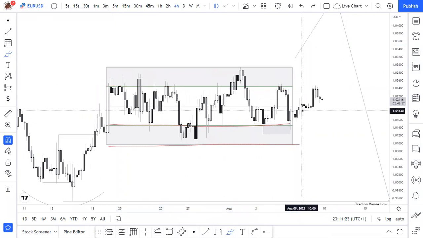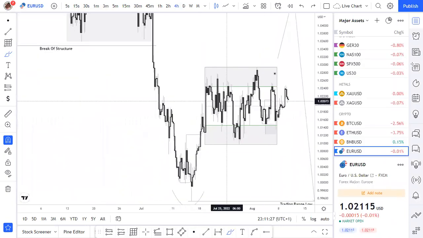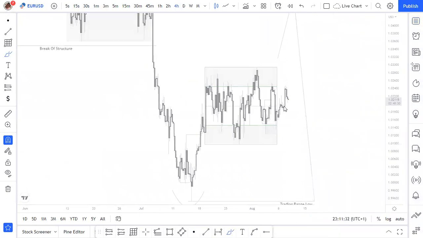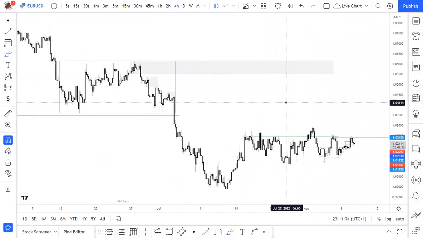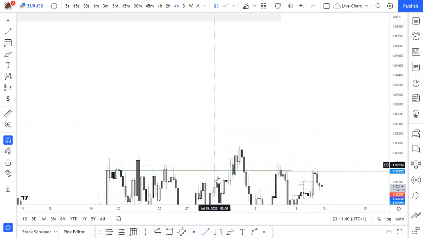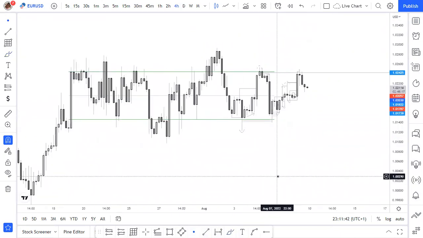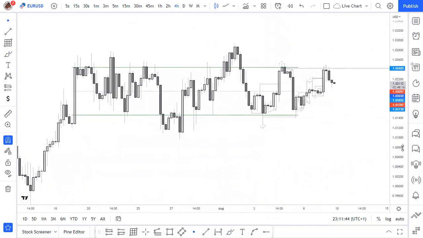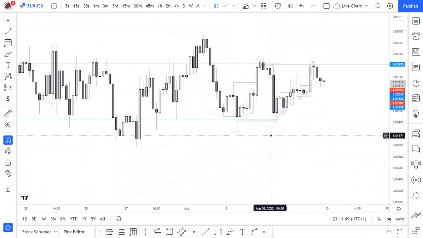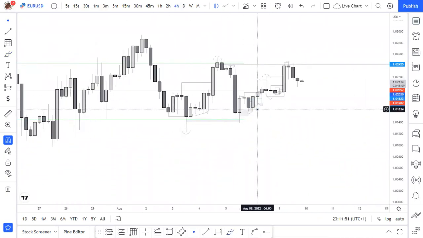So going over to the main charts, because it's the chart I use for the outlook. So we know that we are trading within this range, and here on Monday, which is 8th August, this was Monday's trading.